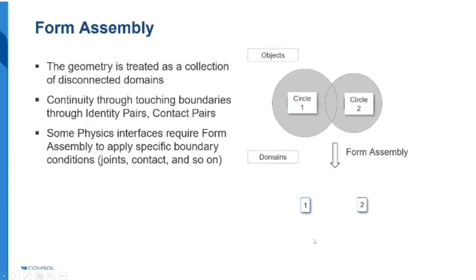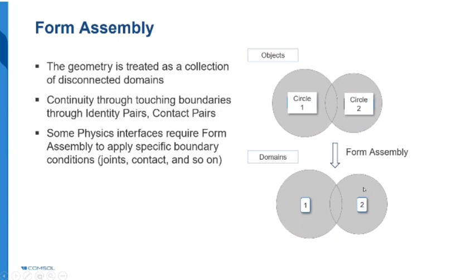Now let's look into what we mean by form assembly. With form assembly, it treats the geometry as a collection of disconnected domains. For example, if you start with the same two circles, but rather than form union, you select form assembly, you will end up with domain 1 and domain 2. COMSOL will not recognize the overlapping part, which is common to domain 1 as well as domain 2.